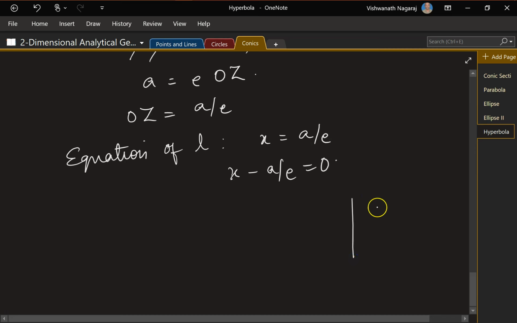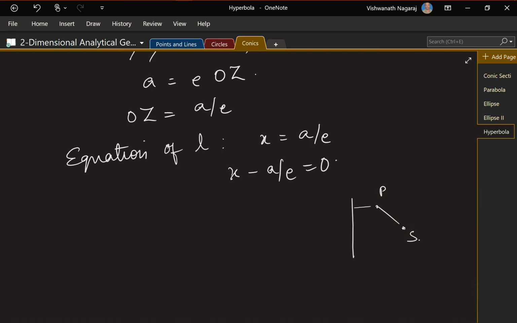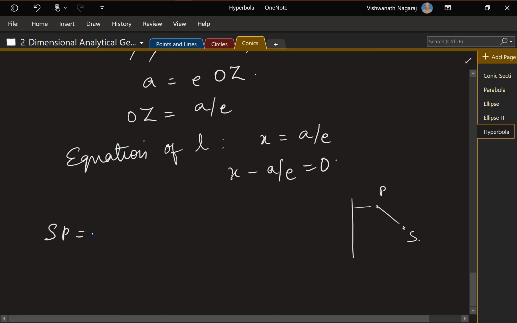Remember, let's say this is the focus, this is the P. So now we have to figure out the coordinates of P. SP is equal to, remember we have already seen this, SP is equal to E times PM.